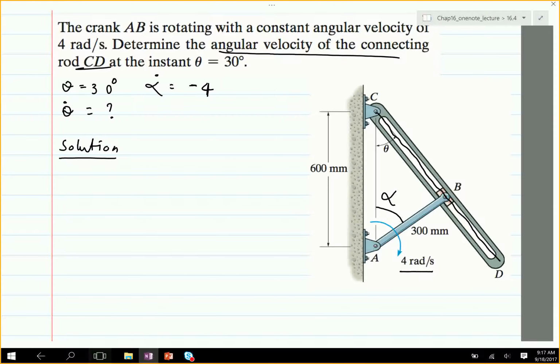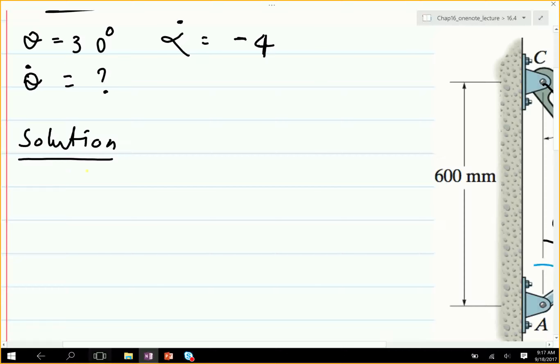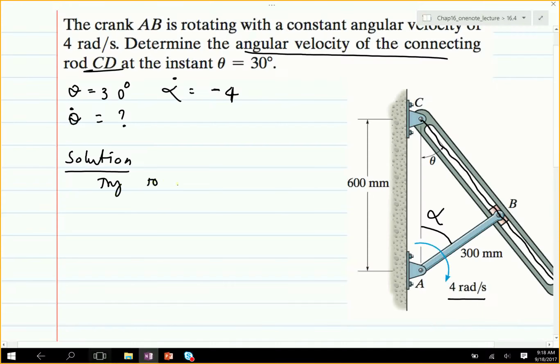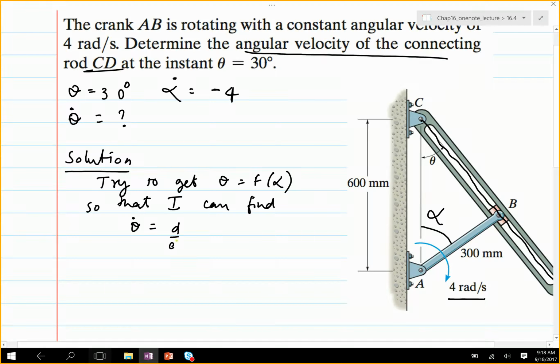So I'm trying to get theta as a function of alpha, so that I can find theta dot, which is d/dt of f of alpha.